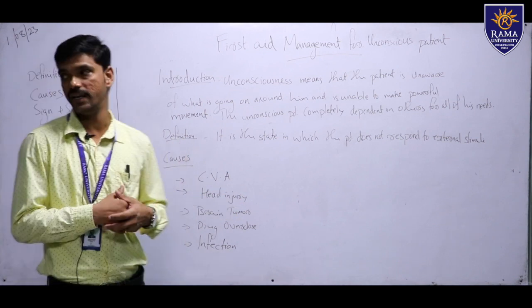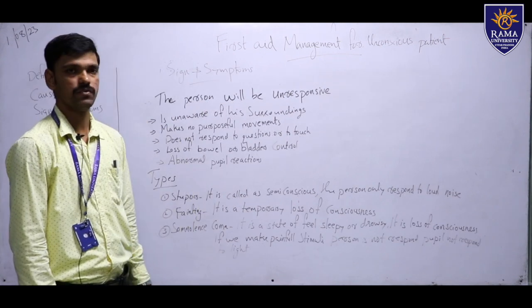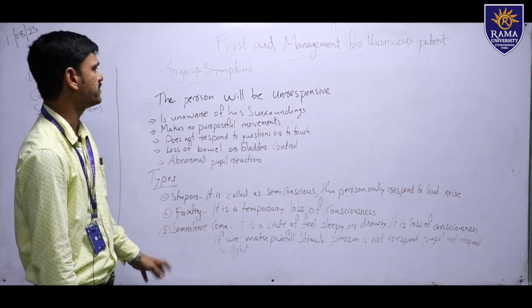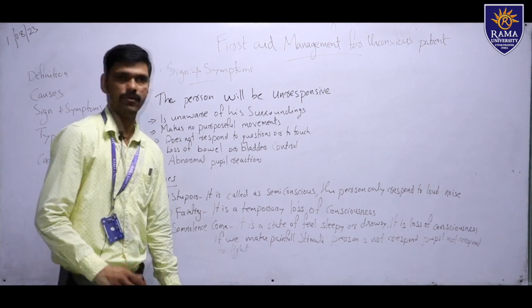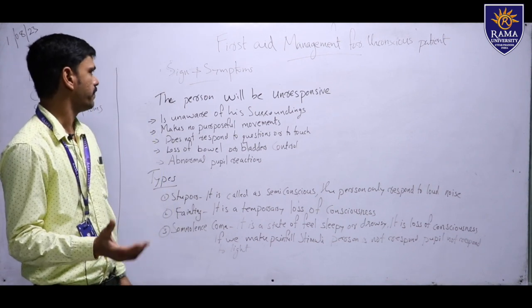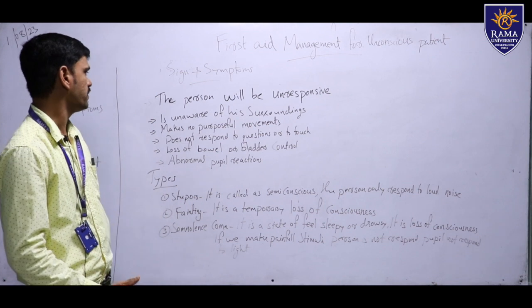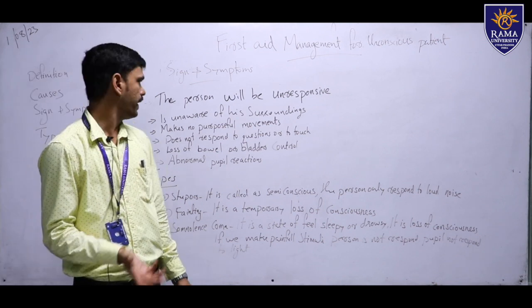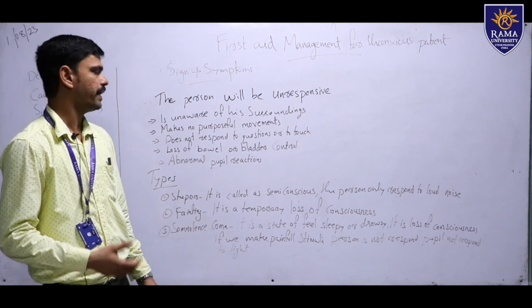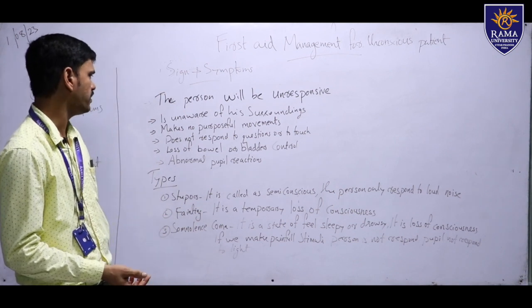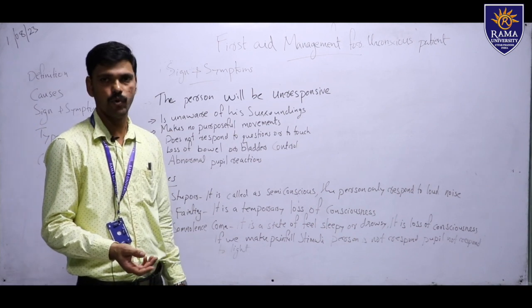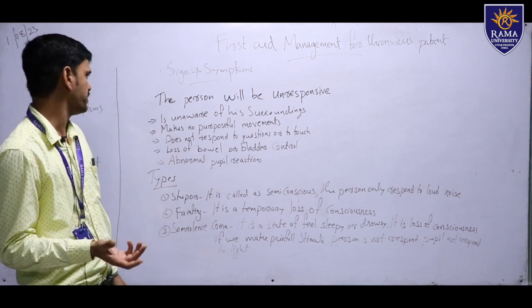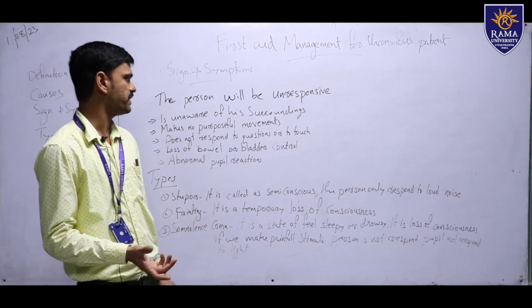Next we will see the signs and symptoms of an unconscious patient. The person will be unresponsive. If we try to wake him up, he will not respond, and he is unaware of his surroundings. He makes no purposeful movements and does not respond to questions or to touch.